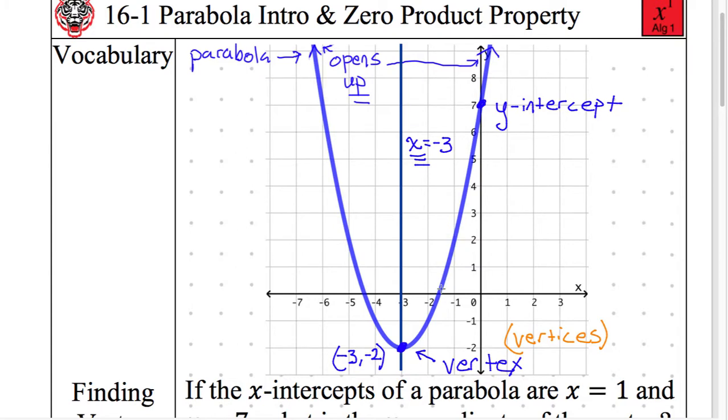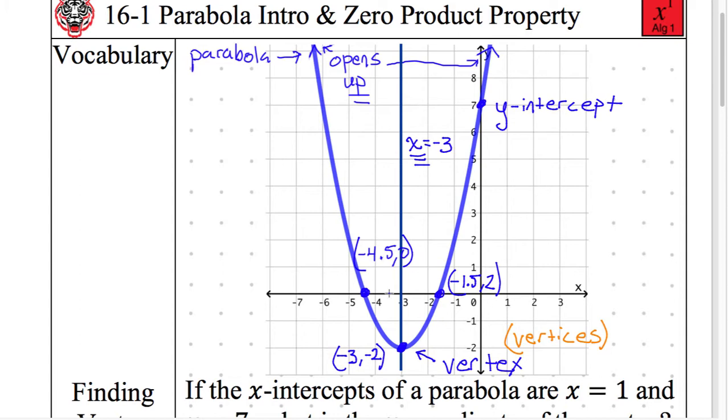And I also have x-intercepts. I have multiple of them. I have an x-intercept here and here. It's kind of hard to tell what this is. Let's just go ahead and assume that this is -4.5. So I'm going to say -4.5, 0, and this would be -1.5, 0.